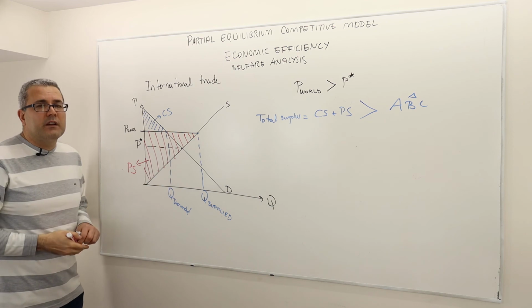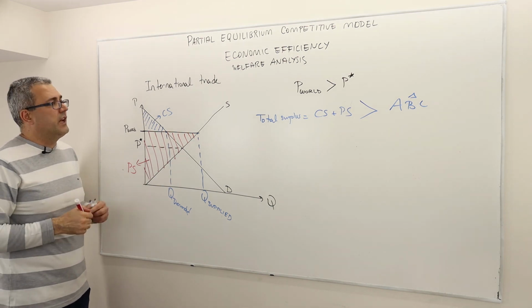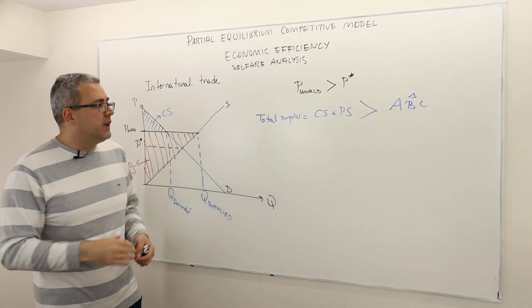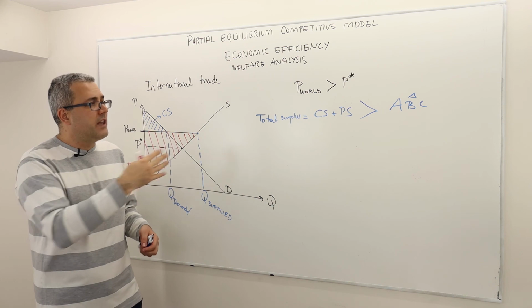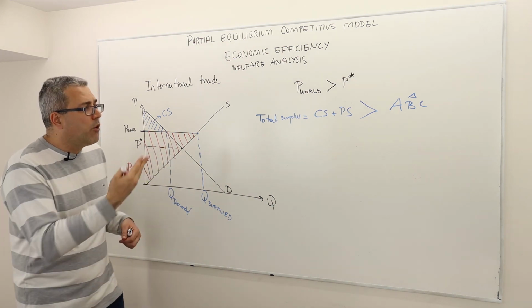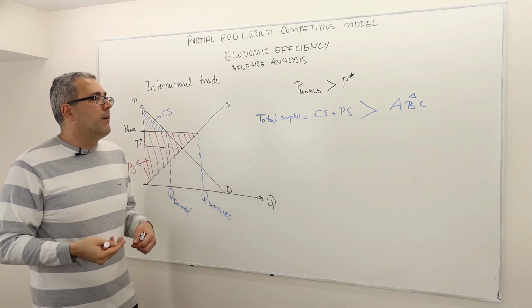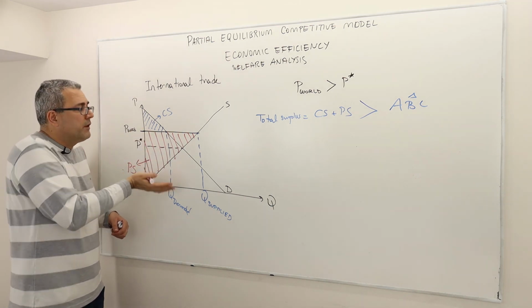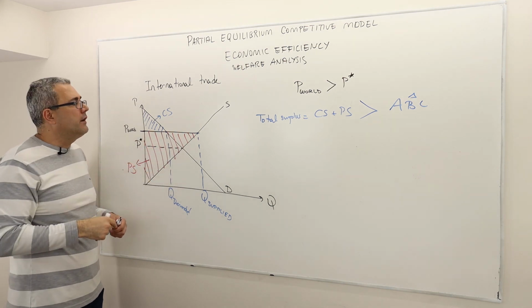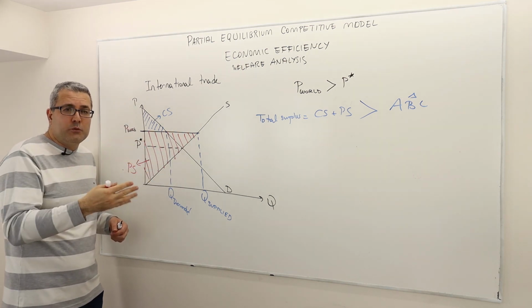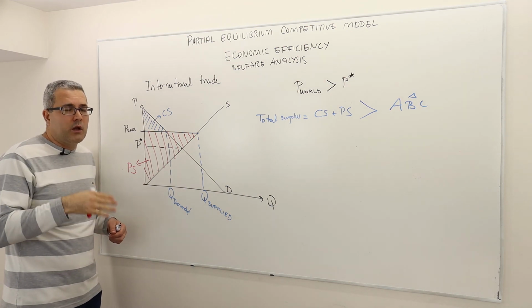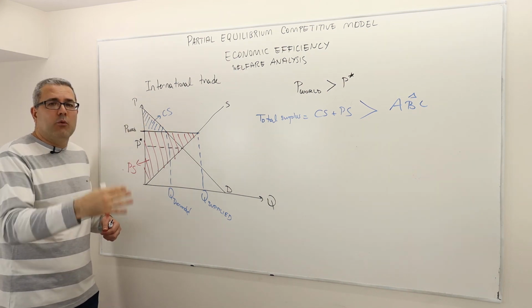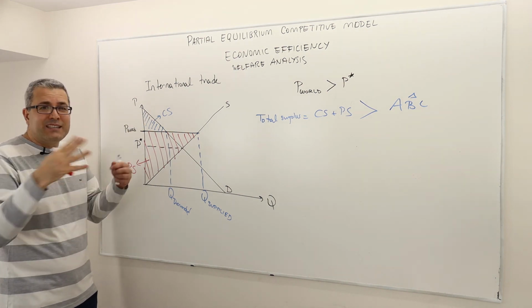So in this very simple environment, what we can say is, if a country opens its borders to international trade, whether its domestic price is higher or lower than the world price, the total surplus will increase.